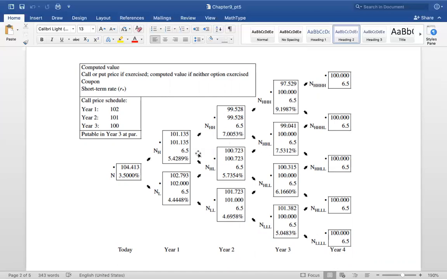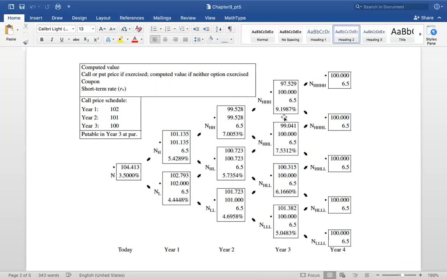Here we consider that the bond is both puttable and callable, and again you can see this upper part is where the bond is puttable, and here it is callable, right? So the bond is puttable in year 3 and callable in a series of these price schedules.